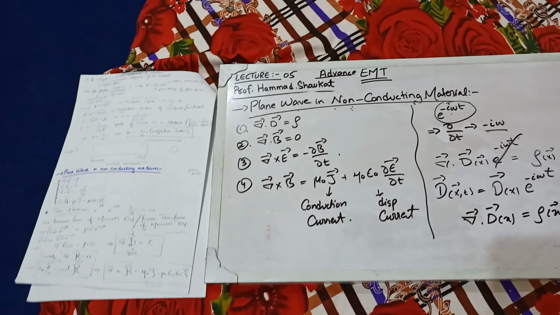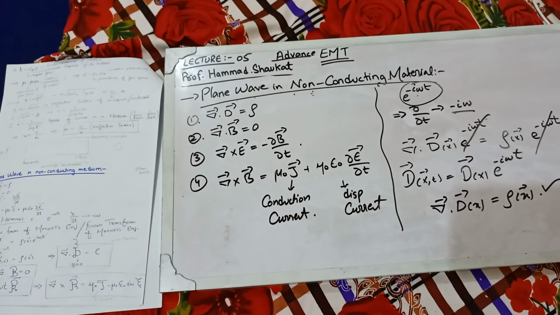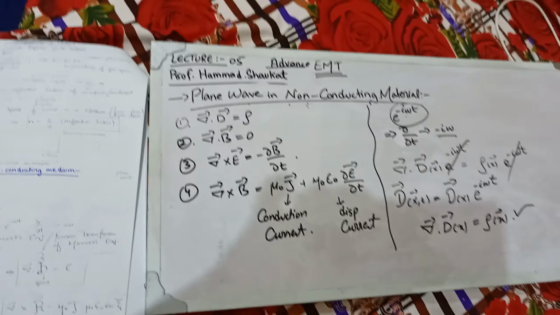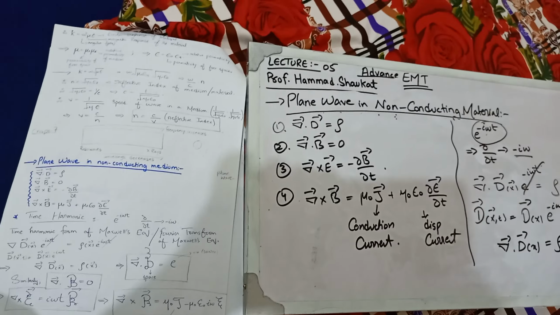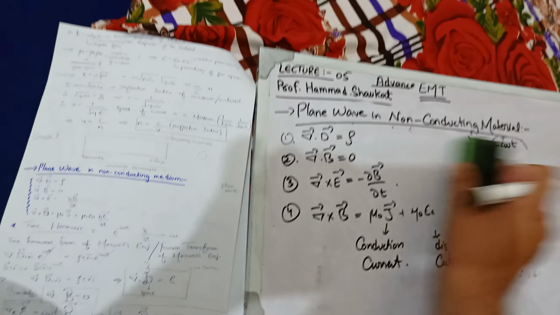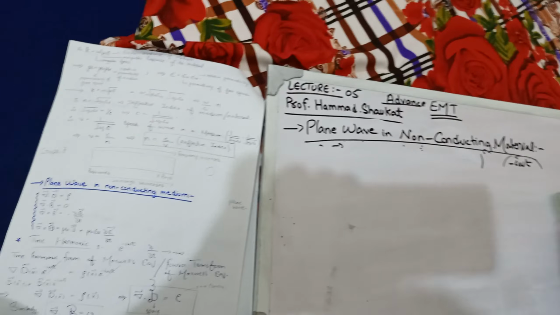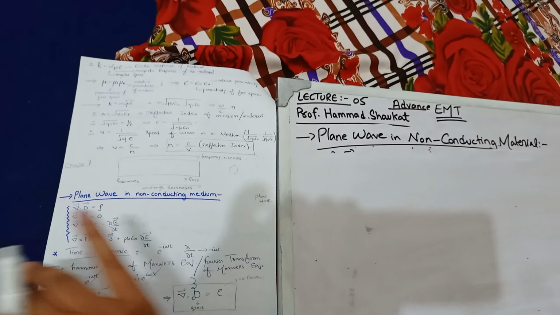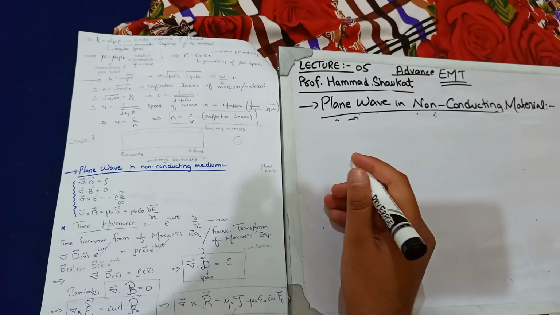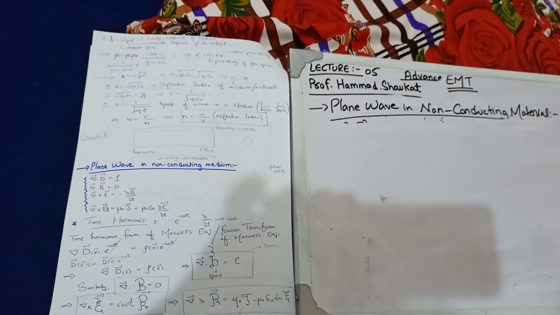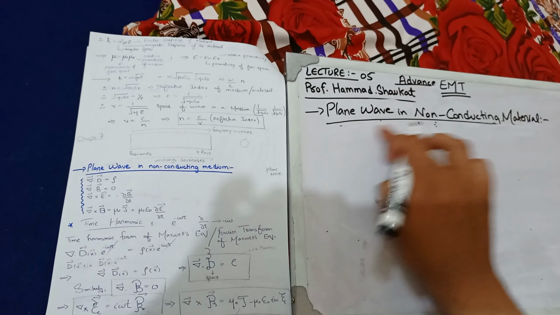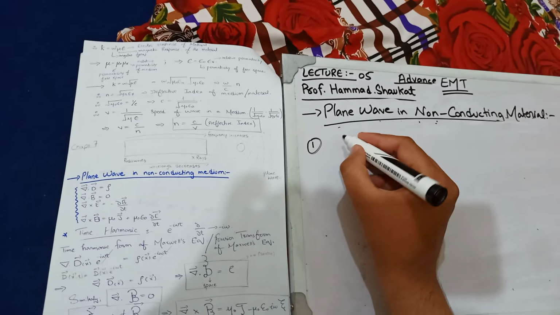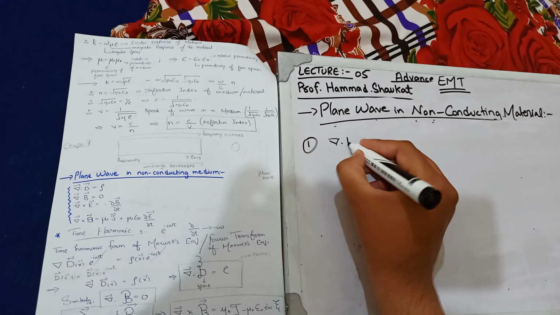There is another thing I must mention here. There are some new notations for these Fourier transforms of Maxwell's equations. Let me erase this first and show you a new type of Maxwell's equation, similar to these but with only a difference in symbols. The first one is the divergence.